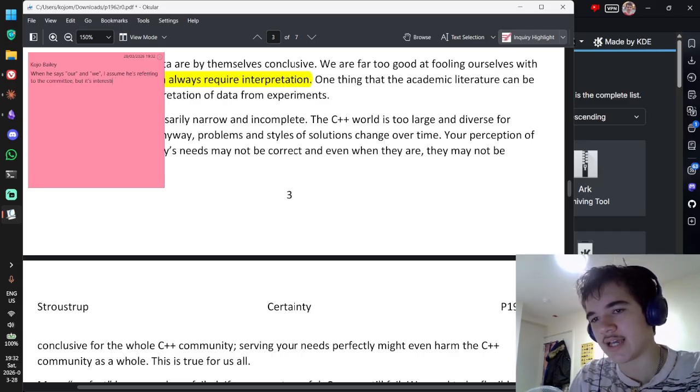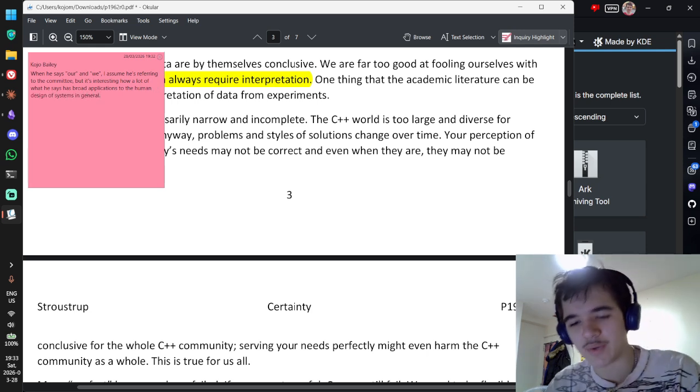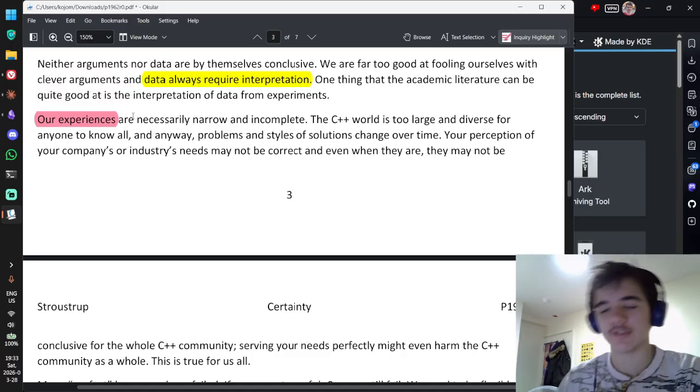But it's interesting how a lot of what he says has broad applications to the human design of systems in general. And again, that's why I love programming. It's so applicable to other contexts.